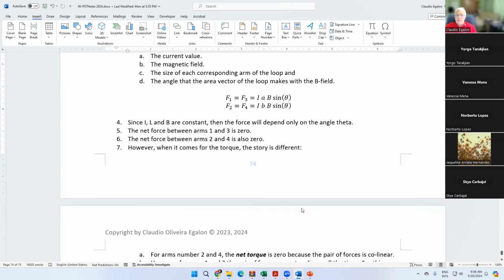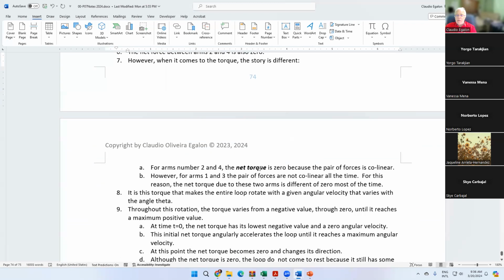However, when it comes to the torque, the story is different. For arms 2 and 4, the net torque is 0 because the pair of forces is collinear with each other. One is pointing in this direction, the other is pointing in this other direction. They're collinear, and consequently, they don't produce any torque.